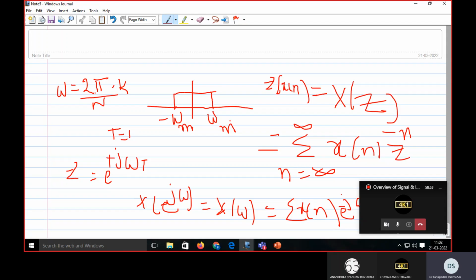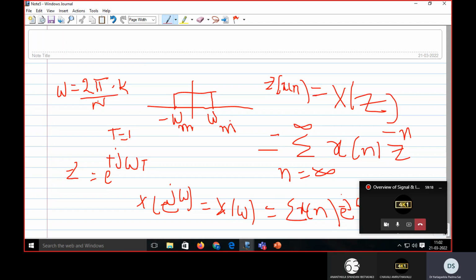Why am I considering 2 pi? Just now I mentioned we have to consider it in digital. If you consider omega in multiples of 2 pi, you already know cos 360 and cos 0 all have the same value 1.